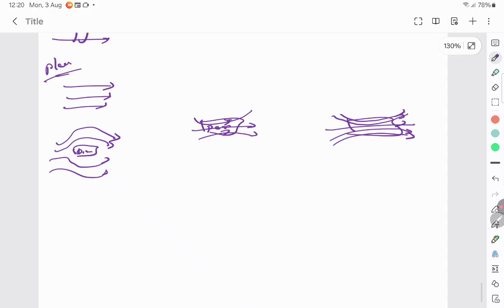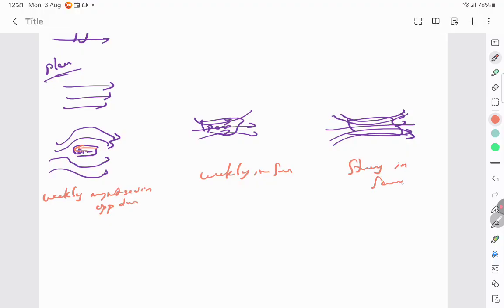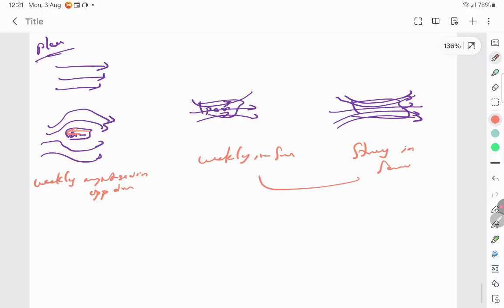There's also one more point. Diamagnetic gets weakly magnetized in the opposite direction. This gets weakly magnetized in the same direction. This gets strongly magnetized in the same direction. The reason for this difference, I'll explain to you later as we progress.